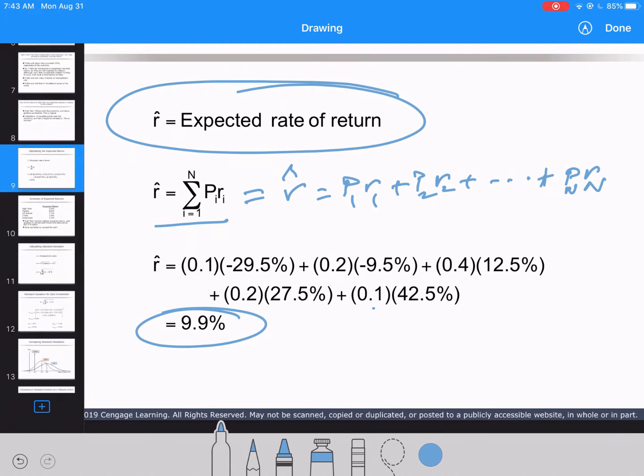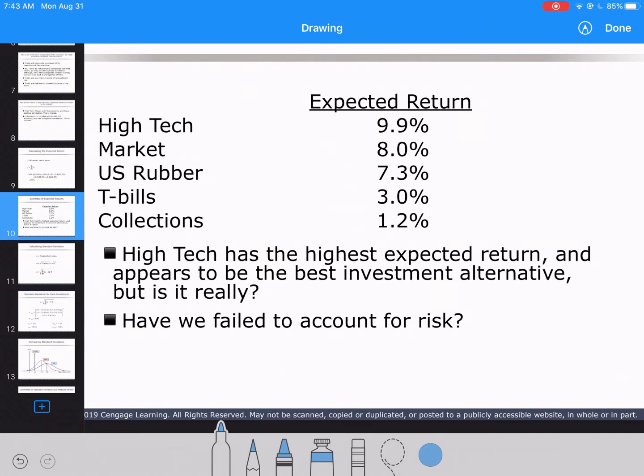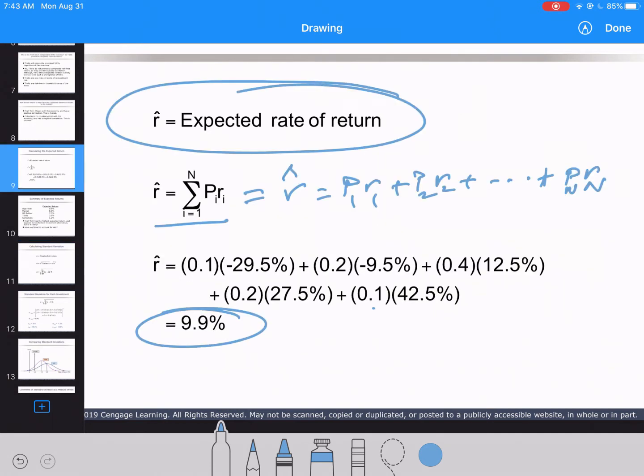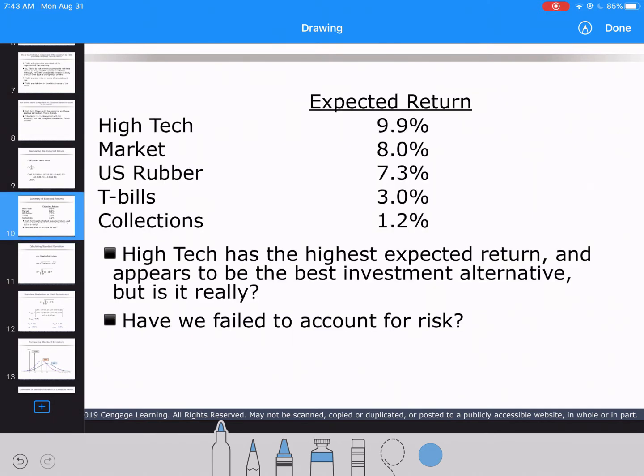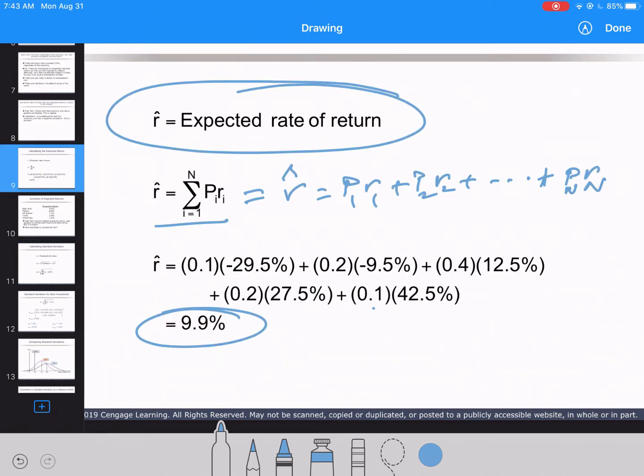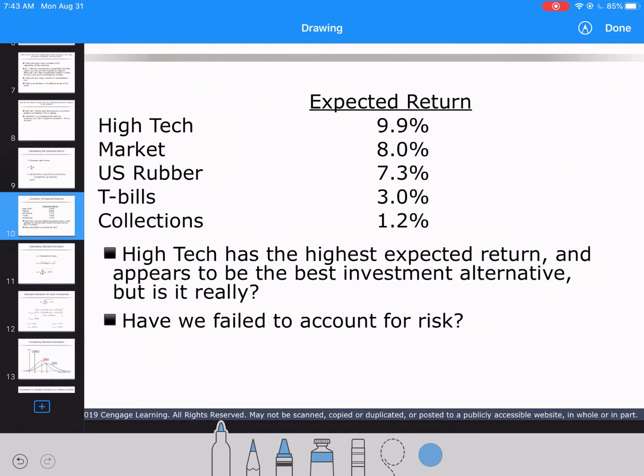So we see that expected return is 9.9. By the way, you are expected to calculate this expected return for your exam. This one is 9.9 for high tech, and then we look at the market, rubber, bills, and collections, and we have expected return.